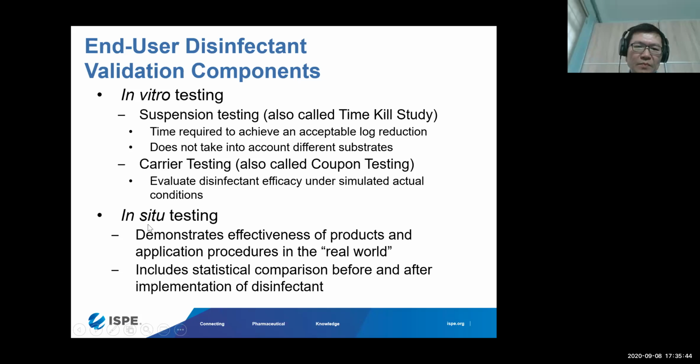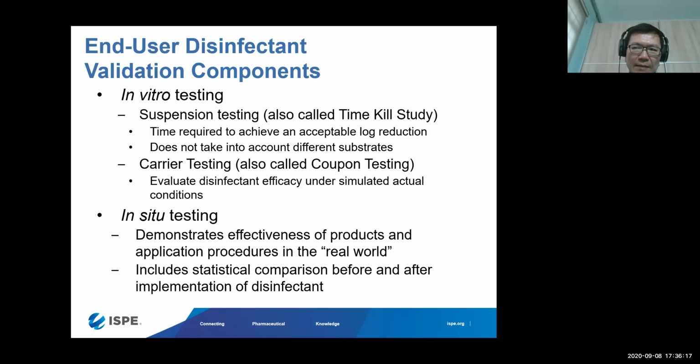The next stage will be the in-situ testing. Once you start to use it in a cleanroom, you will need to demonstrate the effectiveness of your product applications in the real world, because there are still some slight differences between the lab and your actual cleanroom conditions. This will involve some EM monitoring data under worst case events, to check the EM data before and after application.